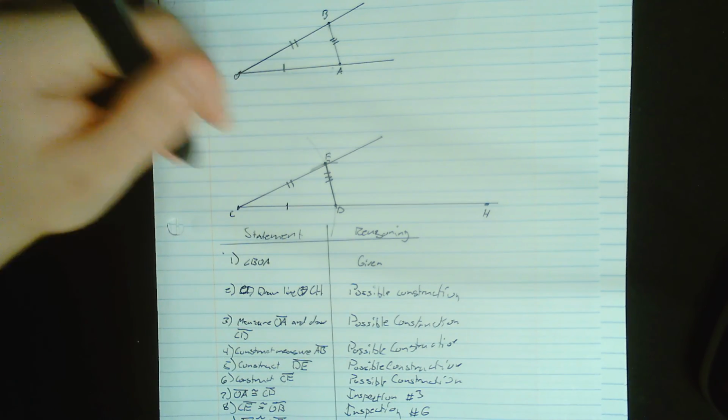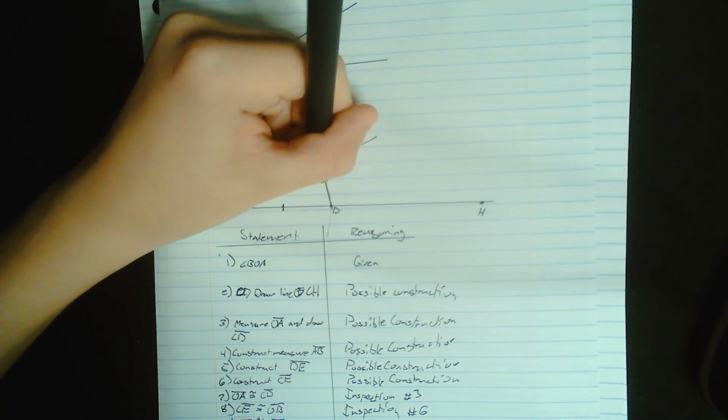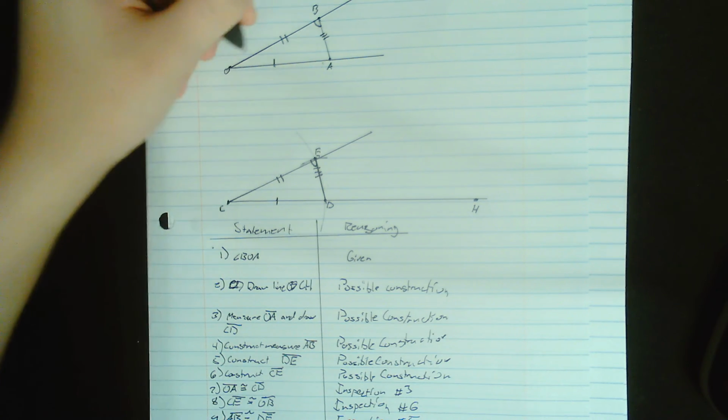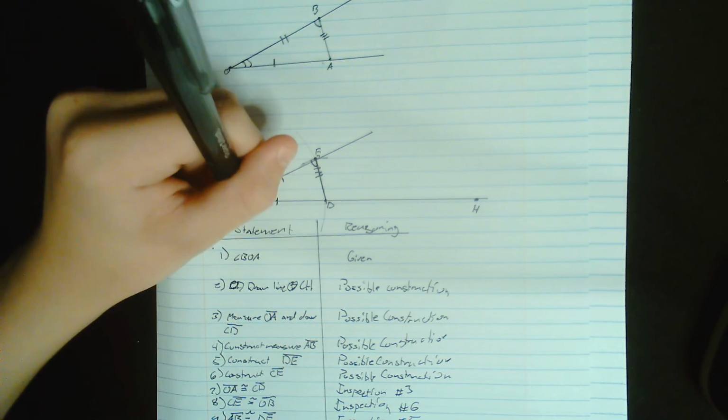So if I knew that these were the same, this angle and this angle are the same. Same case here. Since we know that these are congruent by SSS, this angle and this angle are the same.